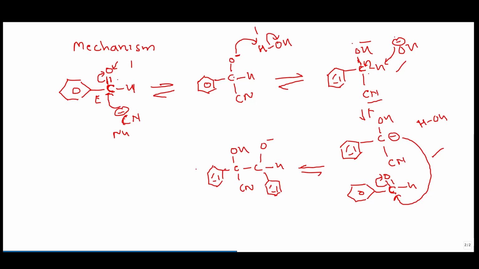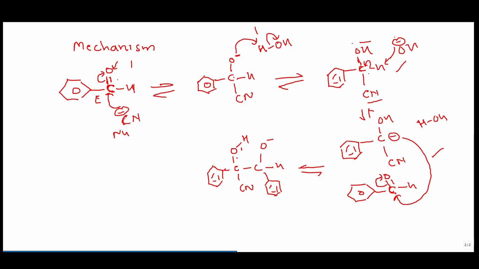Now, what happened here is that there is a hydrogen here, and this hydrogen is attached to an electronegative oxygen atom, and you look at this, that this hydrogen may interact with this oxygen, because you have almost like a 5-membered ring.